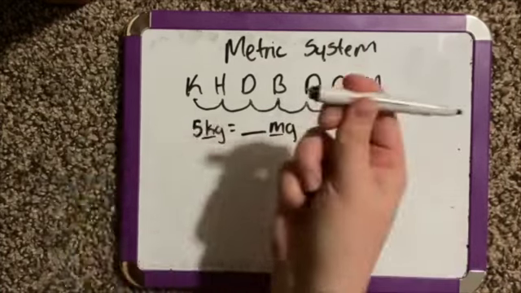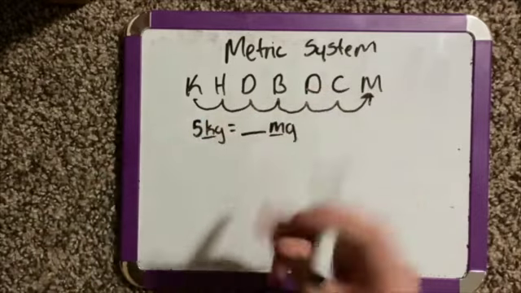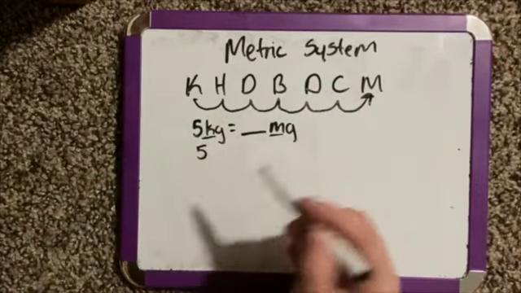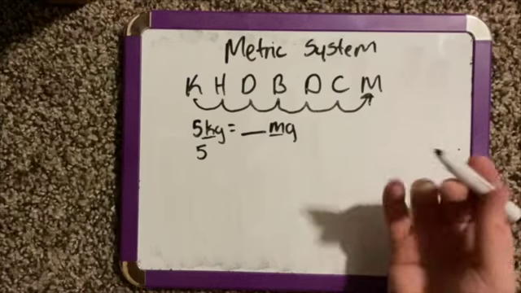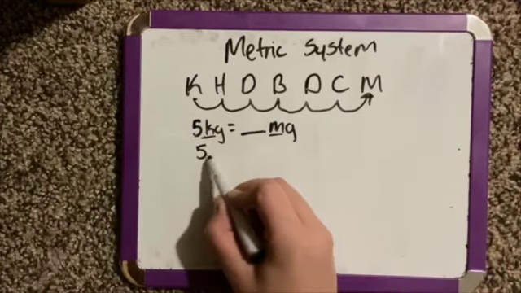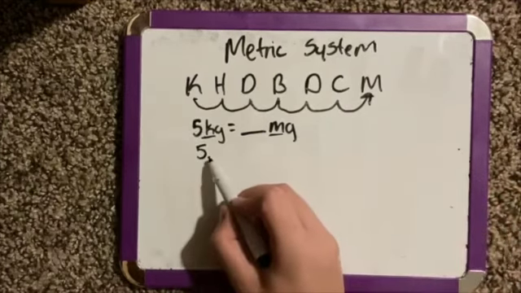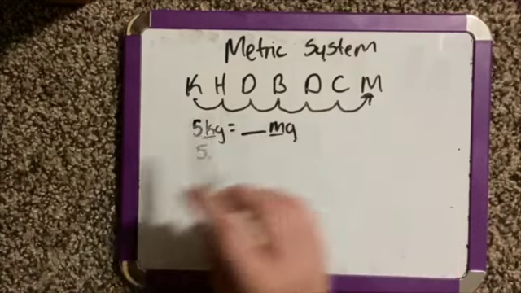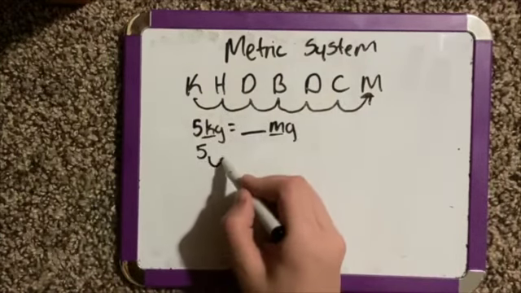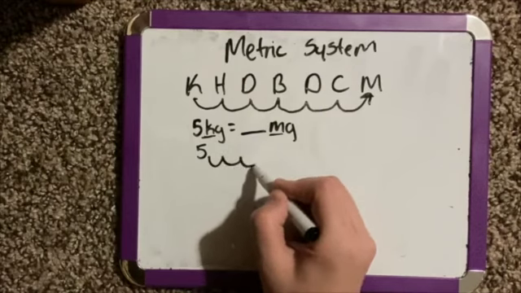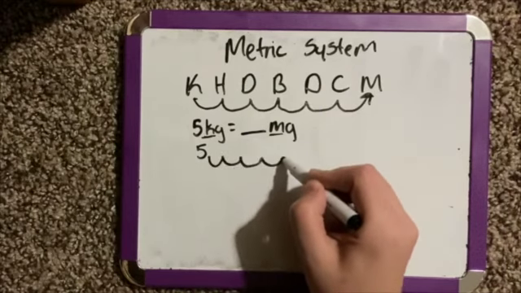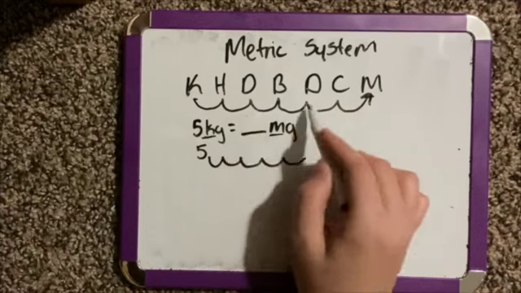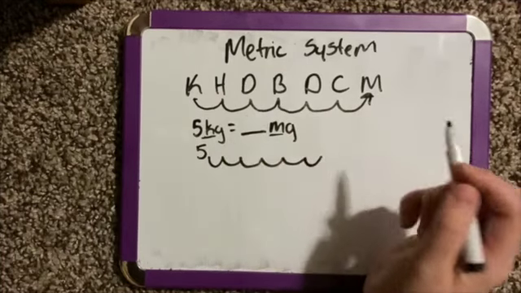And you notice we moved this way. So with 5, it doesn't have a decimal anywhere, so you know the decimal is going to be in the very back right here. Well, we need to move that decimal the same number of times we moved up here. So that's 1, 2, 3, 4, 5. Sorry, that's 6.